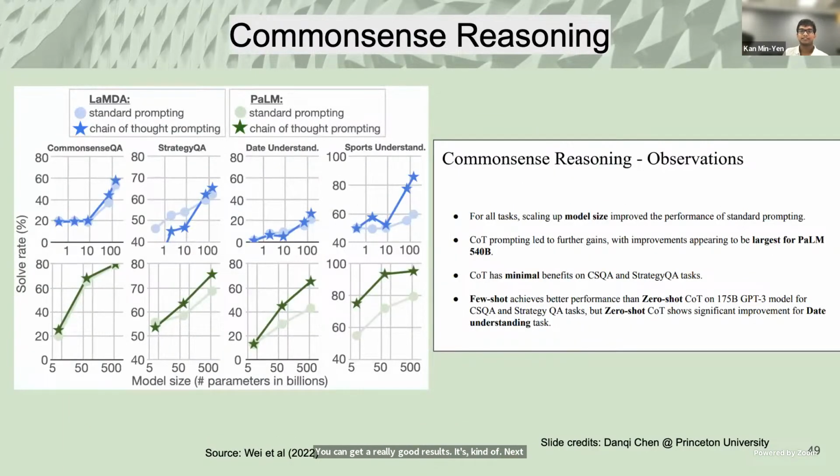Next up, common sense reasoning. Here, with standard prompting also, performance increases with the model size. But again, chain of thought prompting is way better, and its best performance is in sports understanding. In the paper, they mentioned that they compared the PaLM 540 billion parameter model's performance with an unaided sports enthusiast, and they found that it performs better.